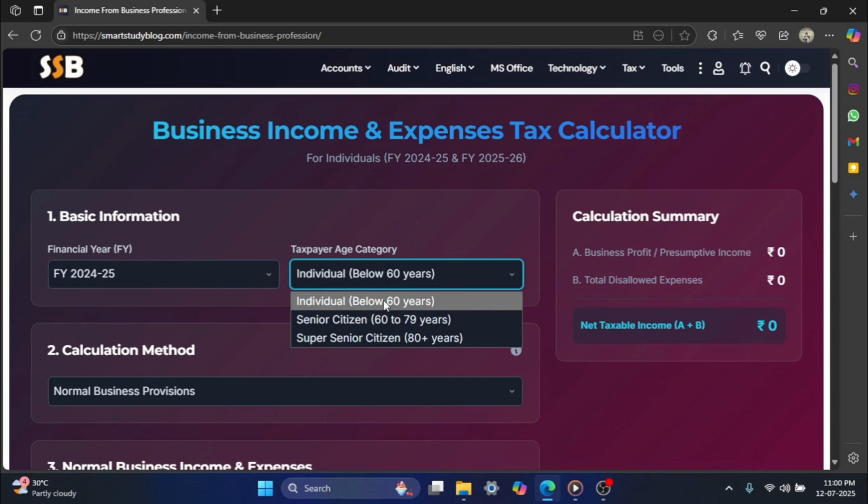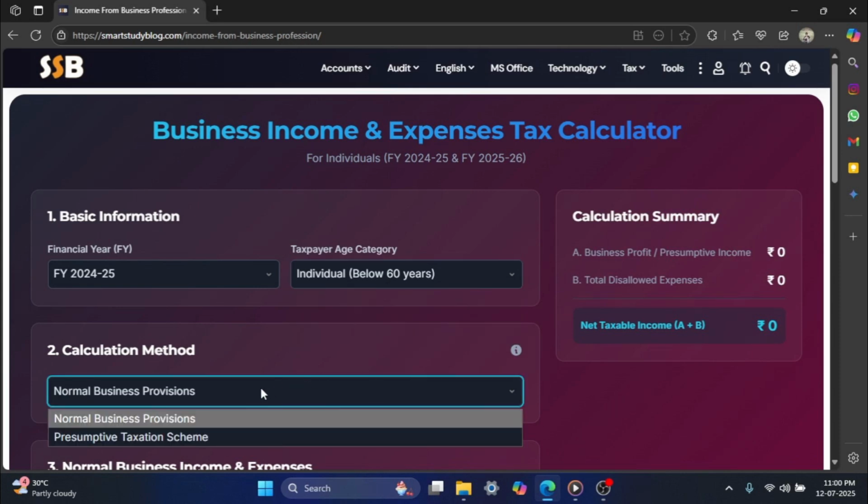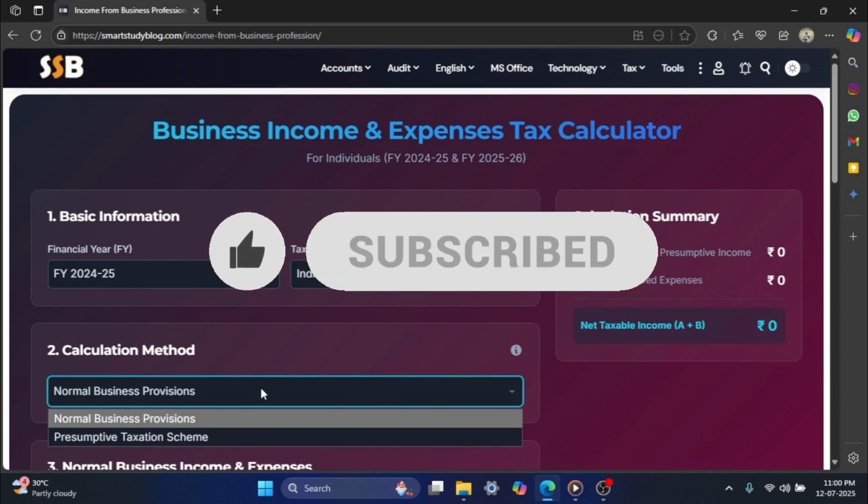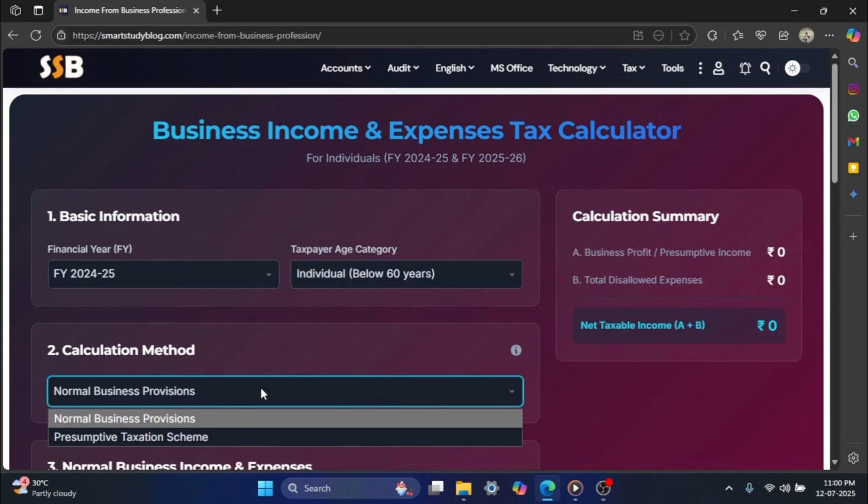Makes sense. And then I see you hit the sort of fork in the road: normal business provisions, or the Presumptive Taxation Scheme. Can you break down the main difference there? Why pick one over the other? Yeah, this is a key choice. And what's fascinating here is how it offers tailored simplicity, depending on your business type. Okay. So normal provisions means you need meticulous, detailed tracking.